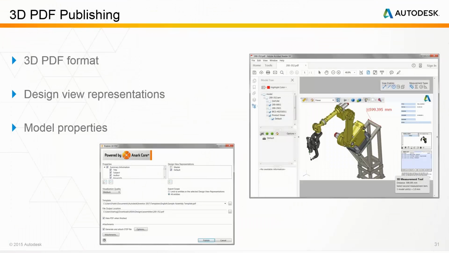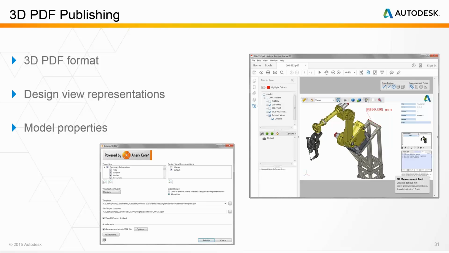And finally, I just want to highlight one final addition, and that is the 3D PDF publishing capabilities, which come inside of Inventor 2017. So this gives you the ability to export your models in the 3D PDF format, which can then be viewed inside of Adobe Acrobat Reader. So you get the ability to select design view representations, model properties, and attachments to include.